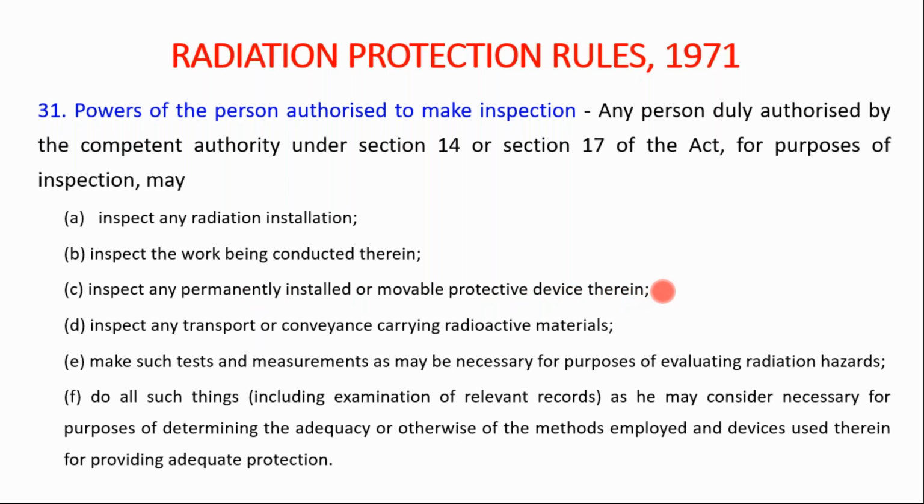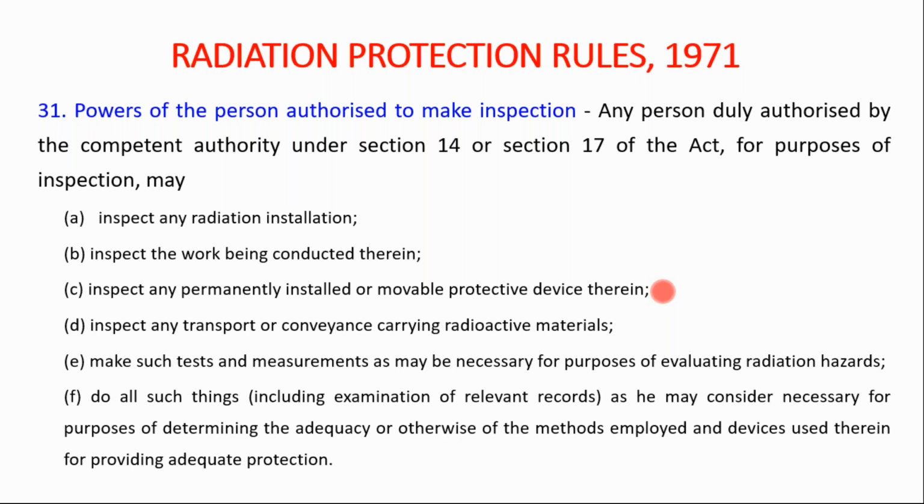That may be a protective shield which can be worn by the person, a permanent protective shield which is fixed at that location, or some other protective devices, whatever it may be. So protective devices should be inspected by the competent authority.